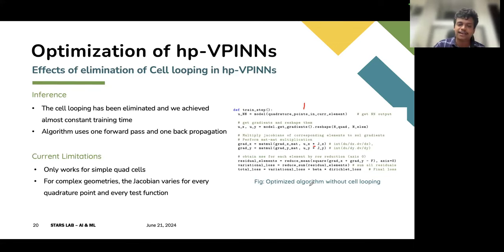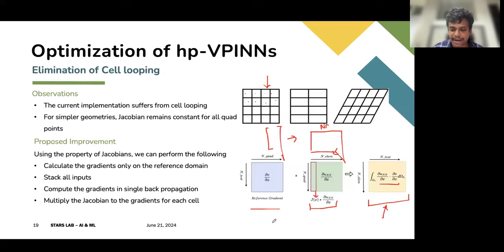In a sense, we again get back to trying to save the actual gradient matrix. So instead of saving one reference gradient for all cells, we now have to save the actual test function gradient for all cells. And again, we have to do cell looping.